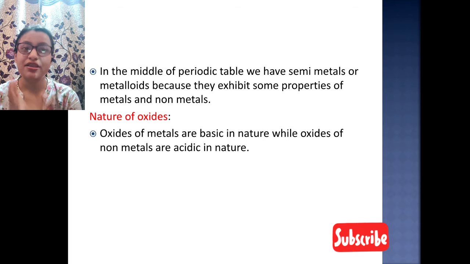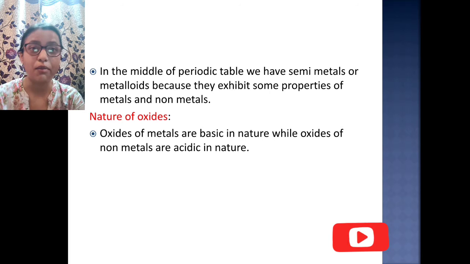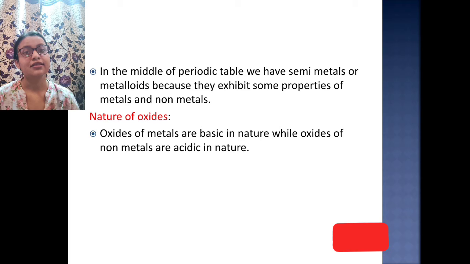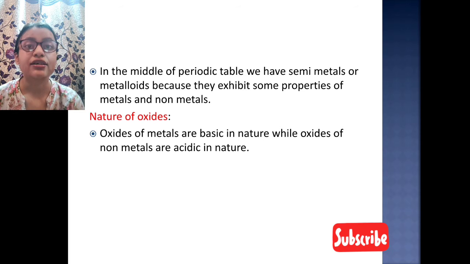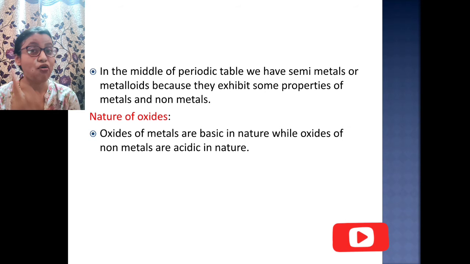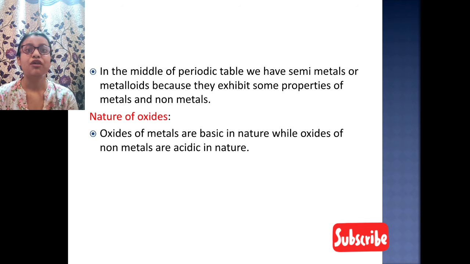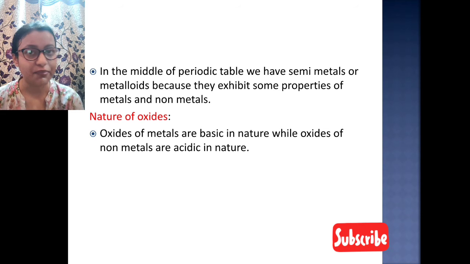In the middle of the periodic table, the elements are metalloids, because they exhibit properties of both metals and non-metals. The next trend is the nature of oxides. The oxides of metals are basic in nature, and the oxides of non-metals are acidic in nature.